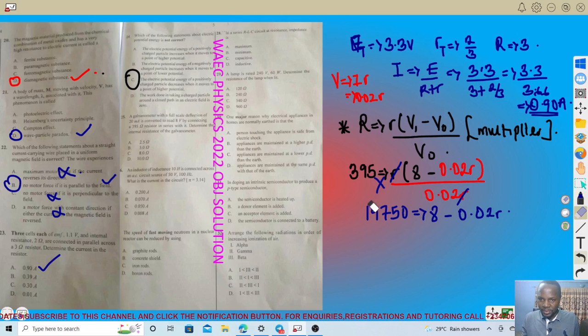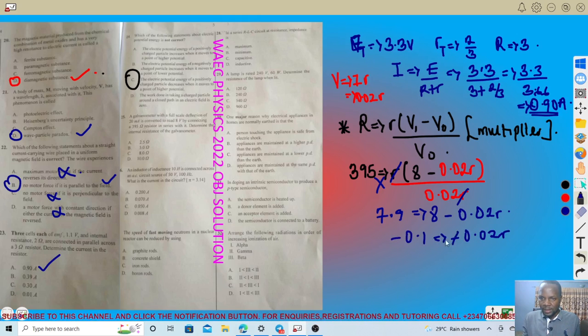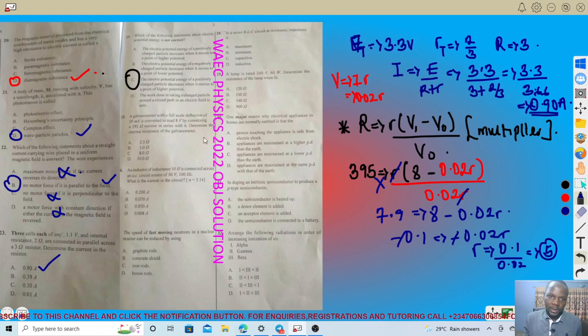My calculator is misbehaving because I know this value is too high. It is 7.9 here. So this times this is 7.9. So this is 7.9 minus this. So negative 0.1 equals negative 0.02 r. Negative gets cancelled out. r is equal to 0.1 over 0.02. So this should be equal to 5 ohms, anyhow you call it. So this would be the right answer to this.